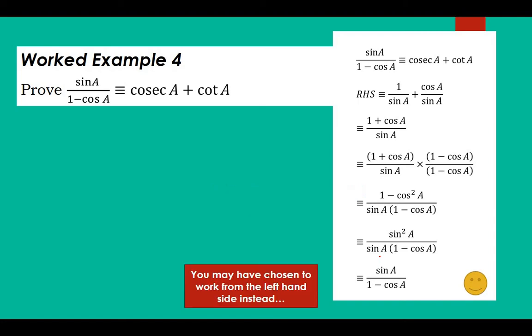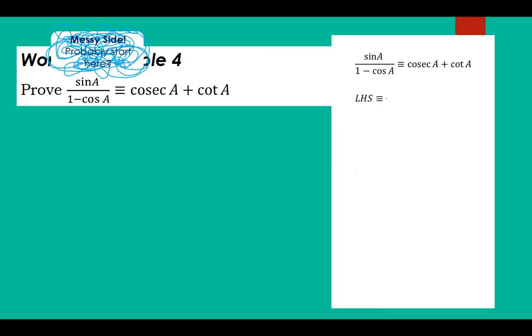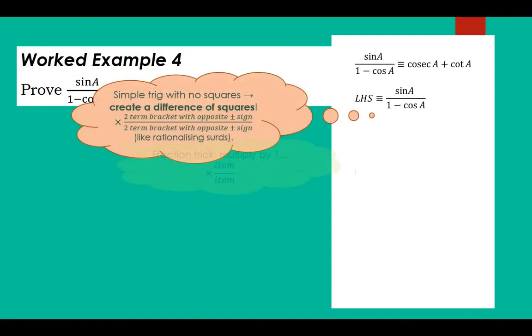Okay, you might have chosen to go the other way. Alright, so this is what it looks like starting from the left-hand side. So we start with the super simple sine and cos. So we look at the two terms there, and we're going to use that trick of introducing a squared by doing a difference of squares.